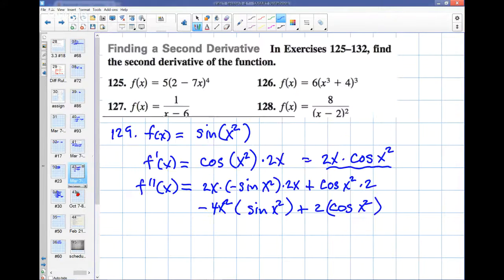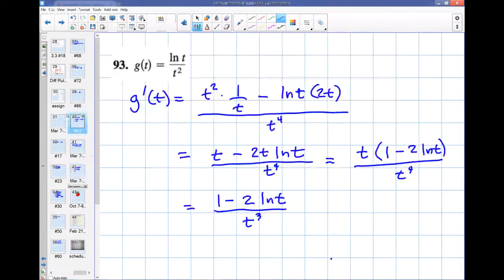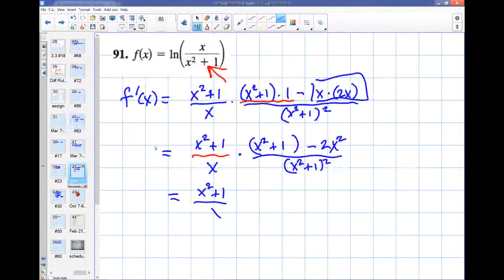Whoa. Over x times, and then this would be 1 minus x squared all over x squared plus 1 squared.